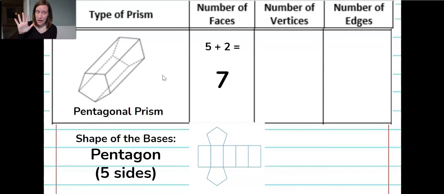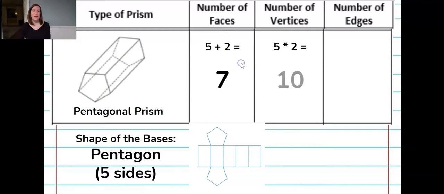Again, we use that 5 for our number of vertices. Because a pentagon has 5 corners, there are going to be 5 vertices at one base and 5 vertices at another base. 5 times 2 is 10 vertices.